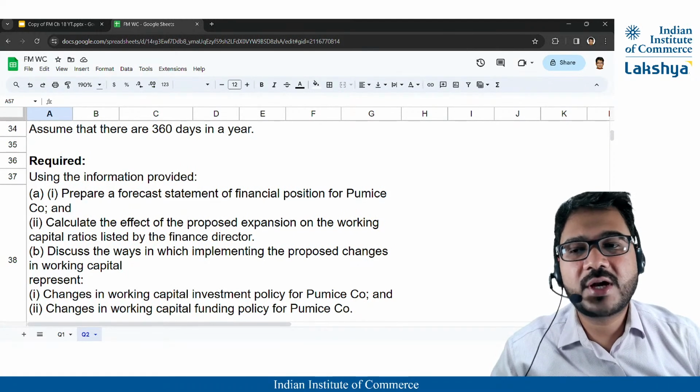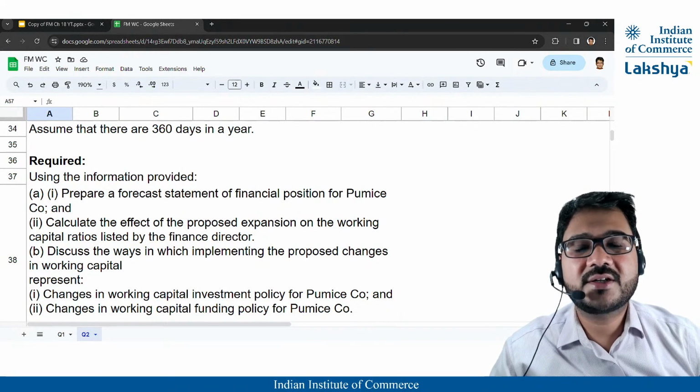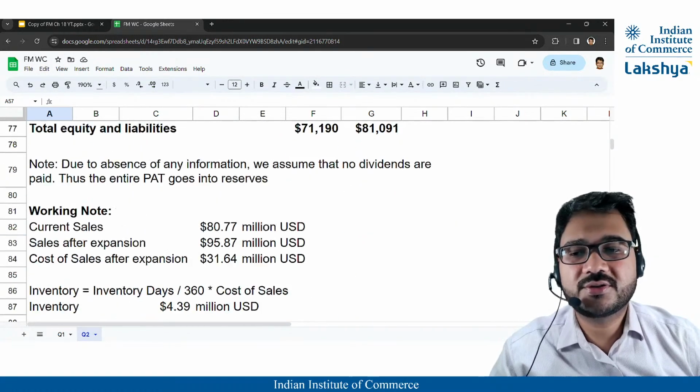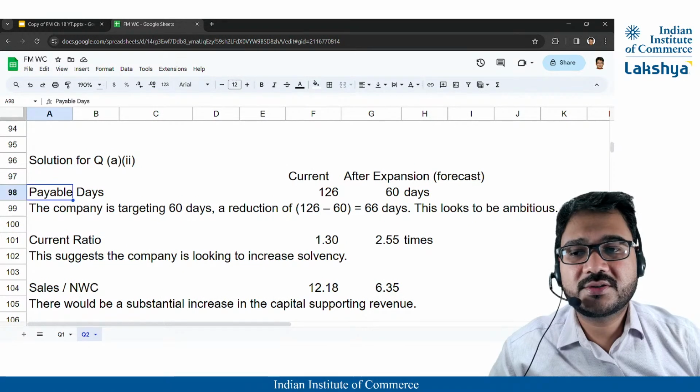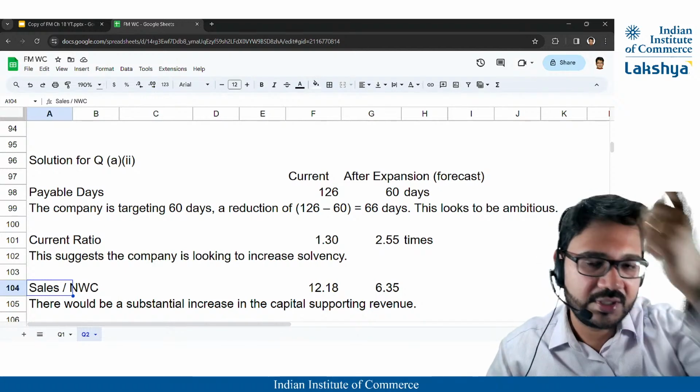Then subsection 2 asks calculate the effect of proposed expansion on working capital ratios listed by the finance director. The finance director has mentioned certain ratios, which are payable days, current ratio, and sales by net working capital. Net working capital they defined for us.